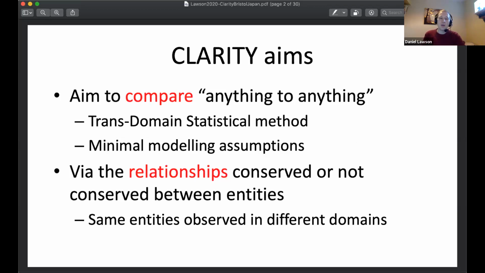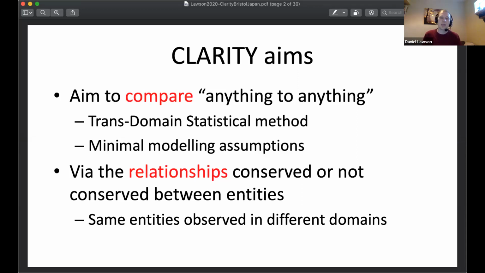Of course, you can always compare anything to anything if you model the set of things jointly. But the idea behind clarity is to do that with minimal modeling assumptions. Of course, you have to start somewhere, and the place that we start here is the relationships between entities in these two data sets, the anything and the anything.